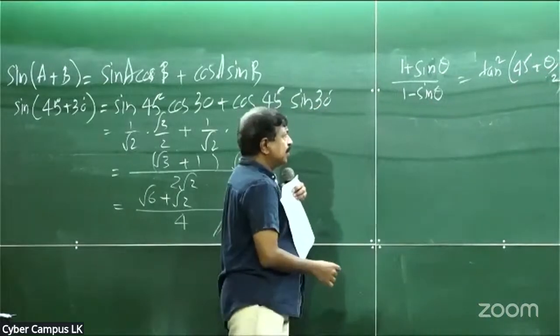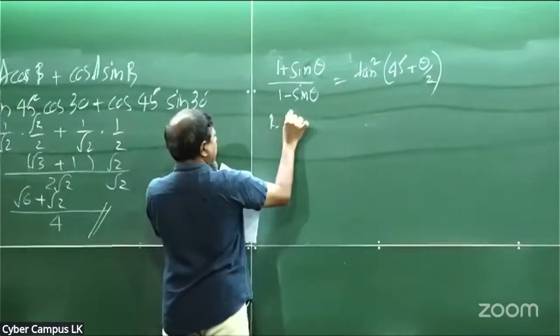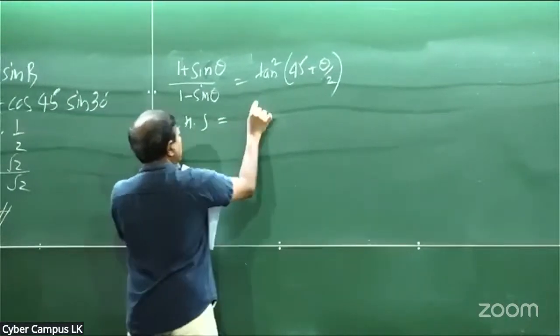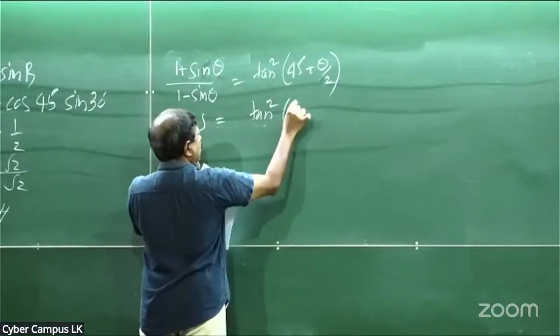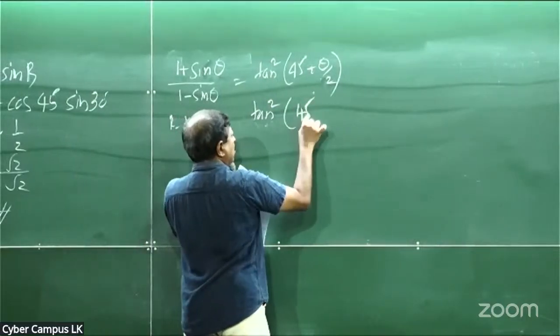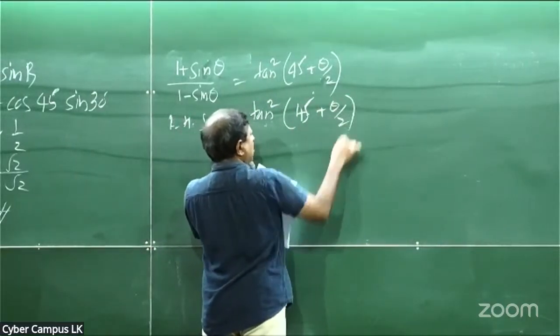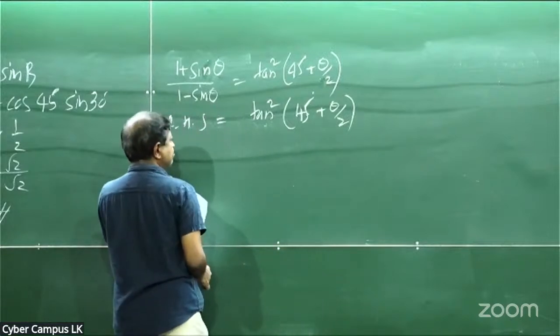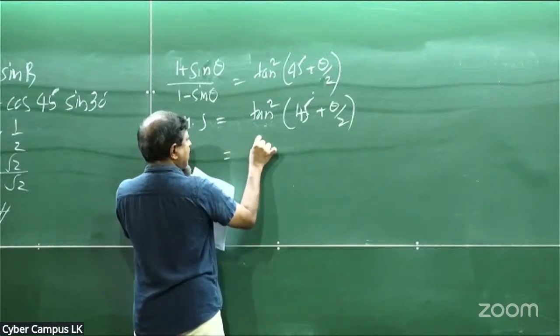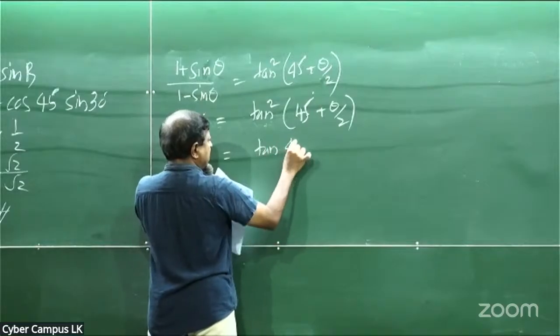We can start with the right hand side, which is tan 45.